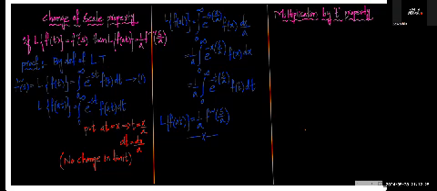Now what is the statement and how to prove it? If Laplace of f of t is equal to f bar of s, you can notice here that for each and every property this condition is there.